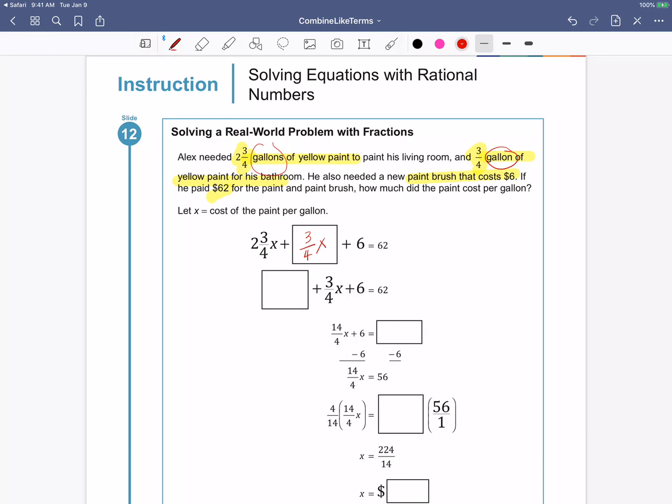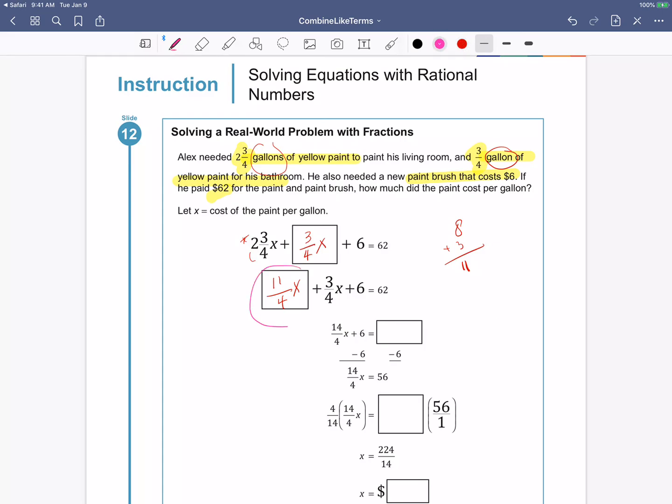Now I can go ahead and combine these. I'm going to change this into my improper, right? So 2 times 4 is 8 plus 3. It's 11, right? So 11 over 4 x. Now with that said, I can combine my like terms.